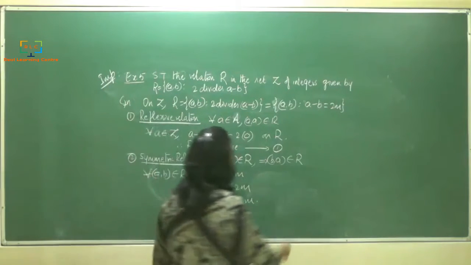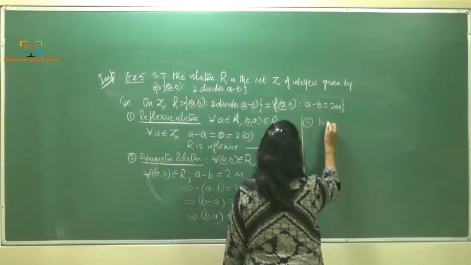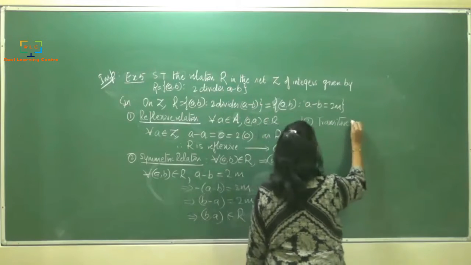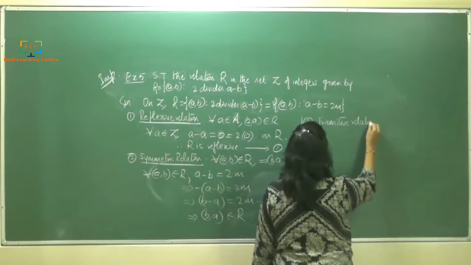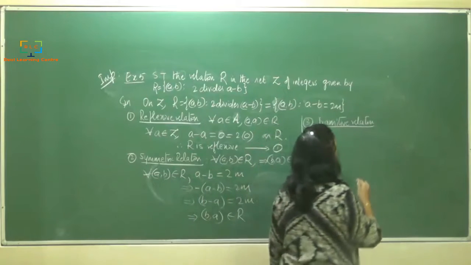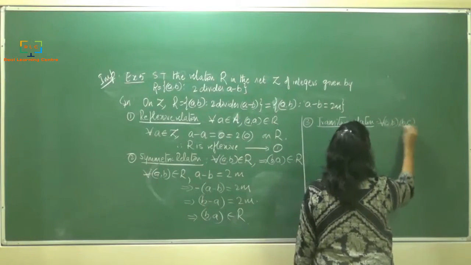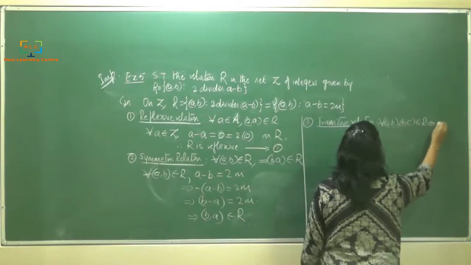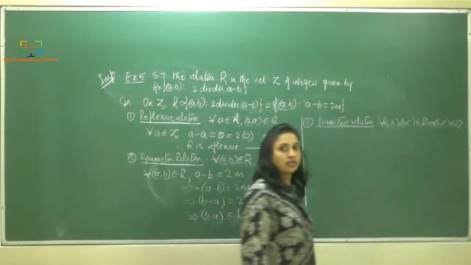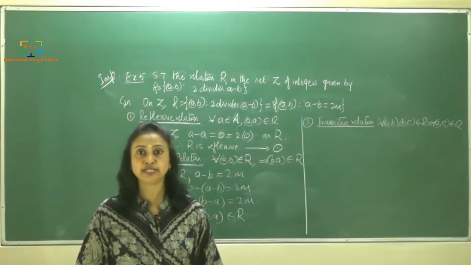Now I will go to the third property, the transitive property or transitive relation. Okay, transitive relation, what does it say? It tells, for all (a, b), (b, c) belonging to R, this implies (a, c) should belong to R. Now according to this relation, the first two are already true inside the relation.